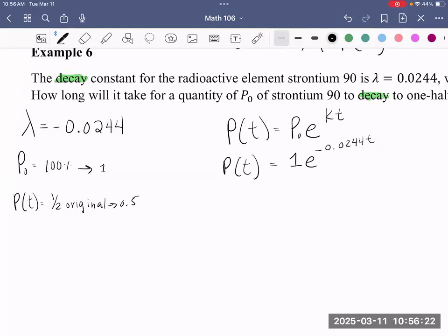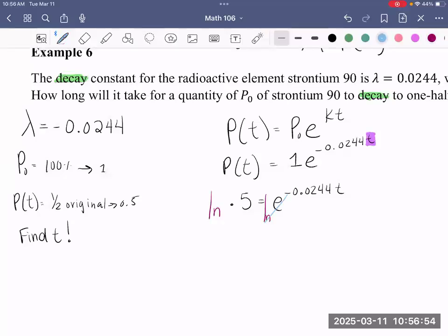So if we want to know how long it will take, we need to find t. One more time, just like before, we're trying to solve for your exponent up here. So that just means that we have 50% of it left. Go ahead and solve for t. Well, you take the ln of both sides.